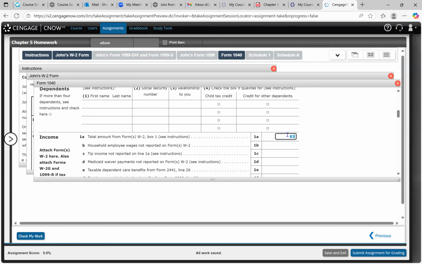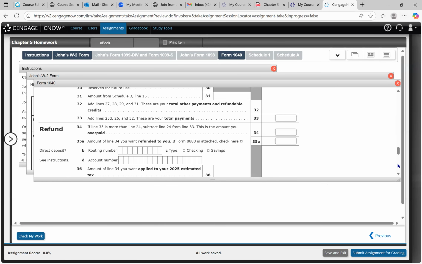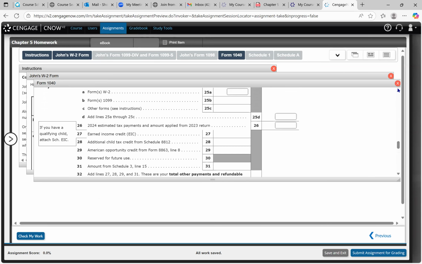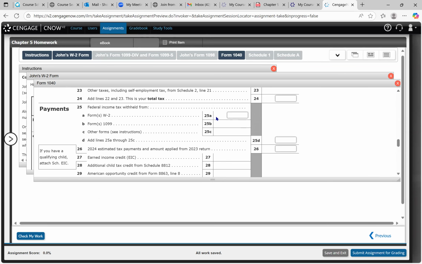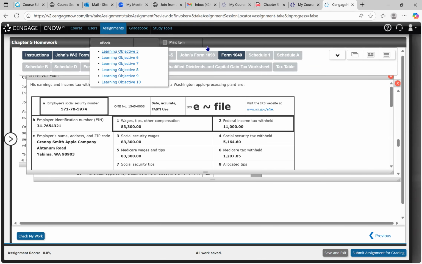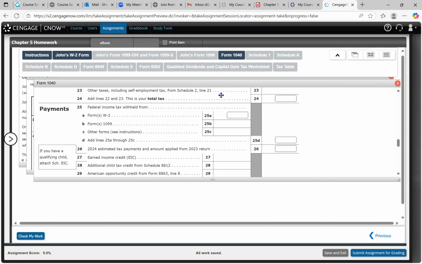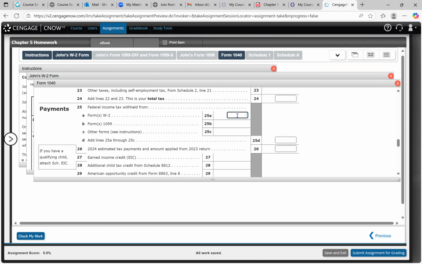And as far as his federal withholding goes, we will show federal income tax withheld from his W-2, and that was 11,000. So we'll go back here and show 11,000 of federal income tax that was withheld.